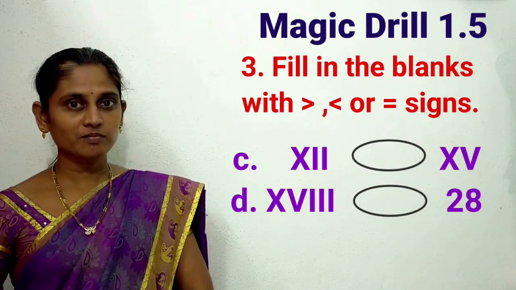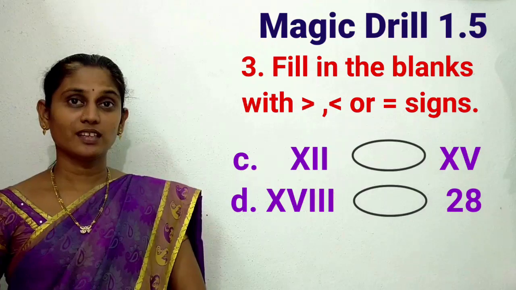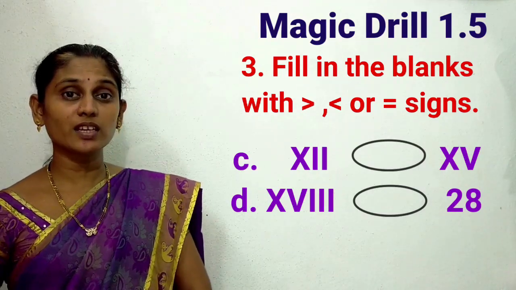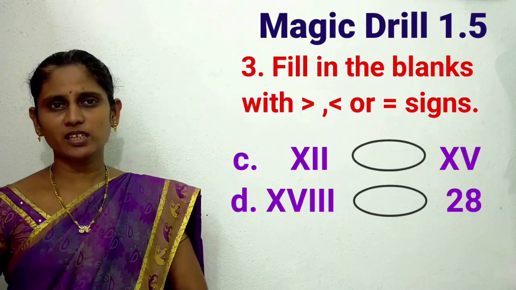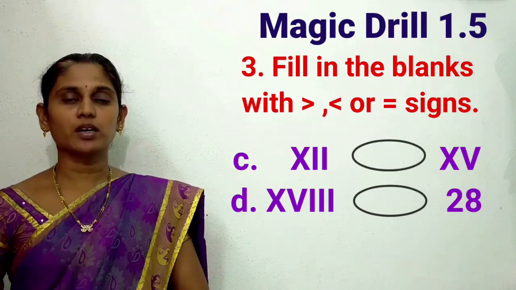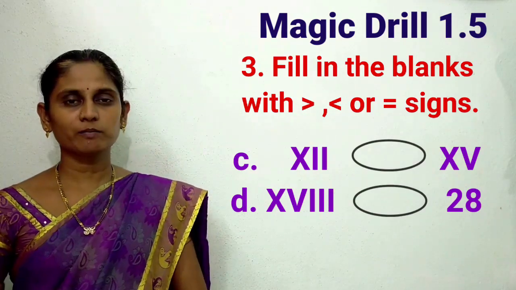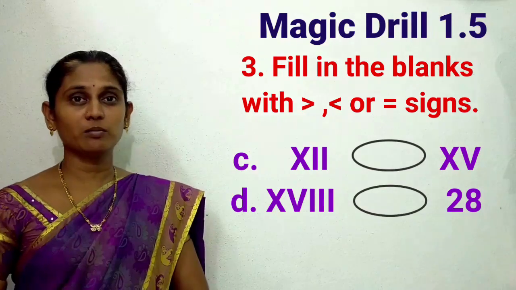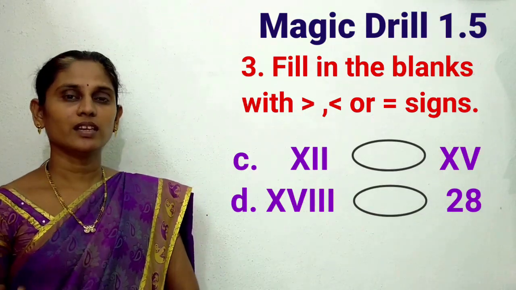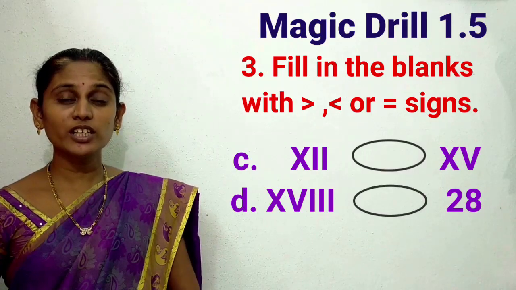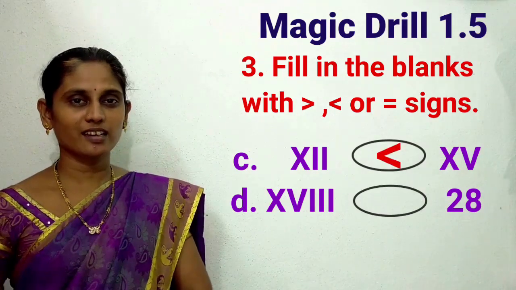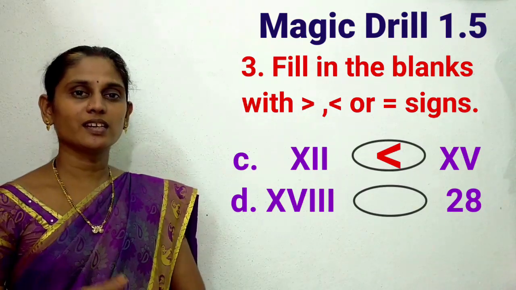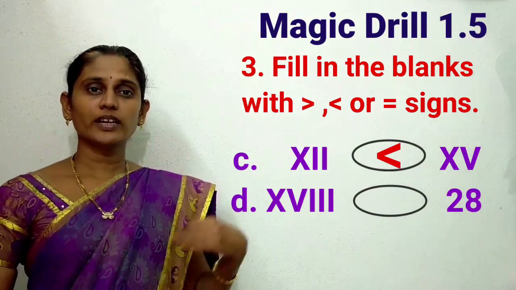XII means 12. Then what is the value of XV? Very good, 15. Now come on, tell me, which will be the greater number? Either 12 or 15? Very good, 15 will be the greater number. Then which symbol do we need to place here? Good, less than. Now look at the next number.